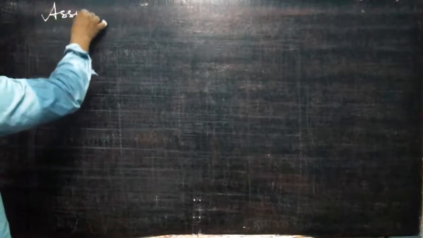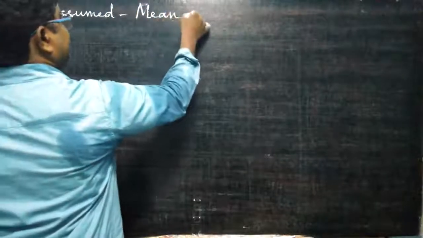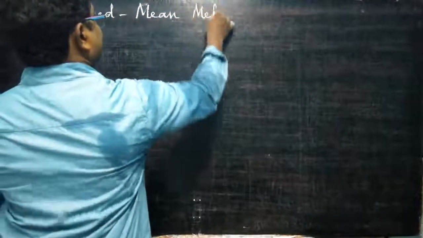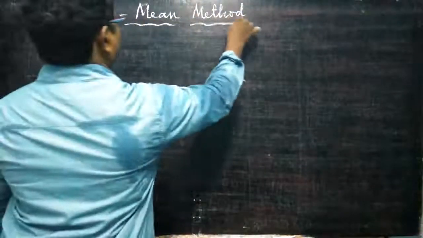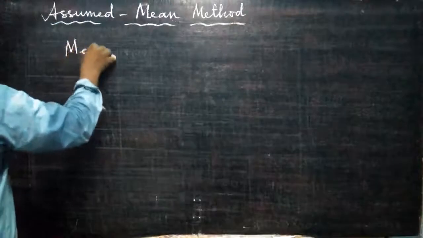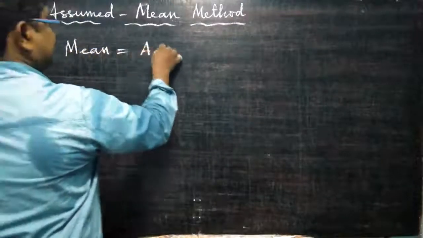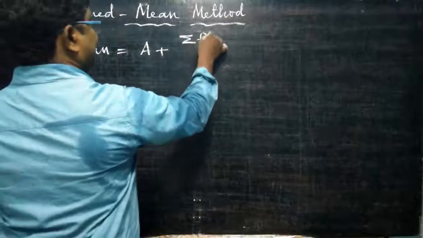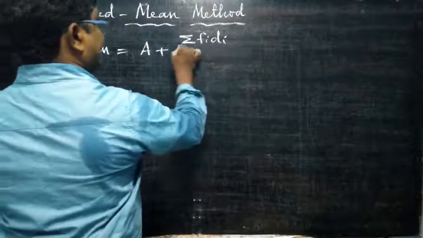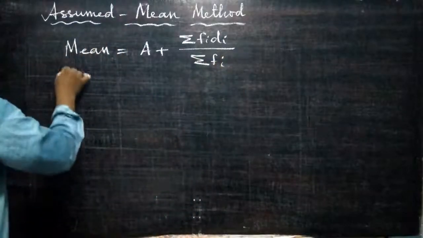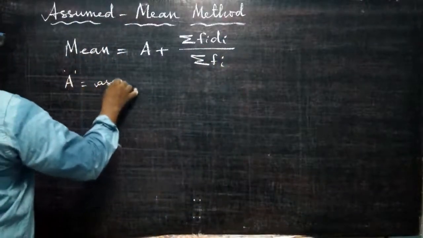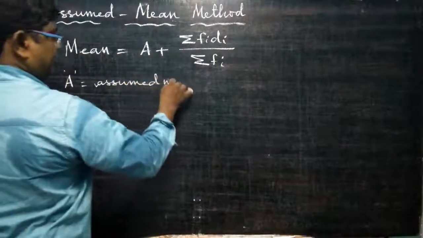Now they told us to find by which method? Assumed mean method. What is the formula? Once recall. Mean is equal to A plus sigma fi di by sigma fi. What is A? A means assumed mean.